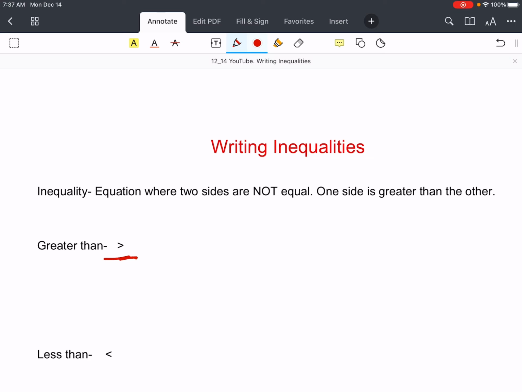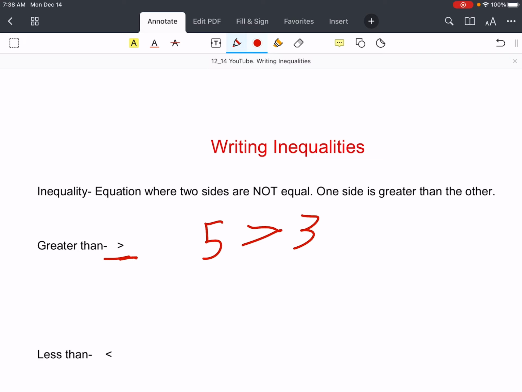So when we're using a greater than statement, we are working from left to right. We would write something like 5 is greater than 3. And the alligator mouth is eating the bigger number, 5. We can also do this with 3 or 4 or as many numbers as we want.